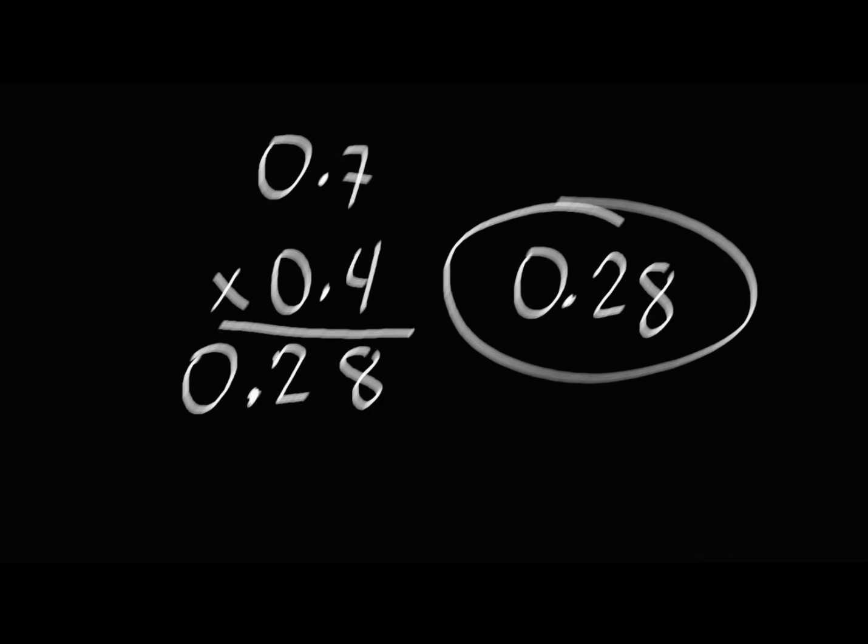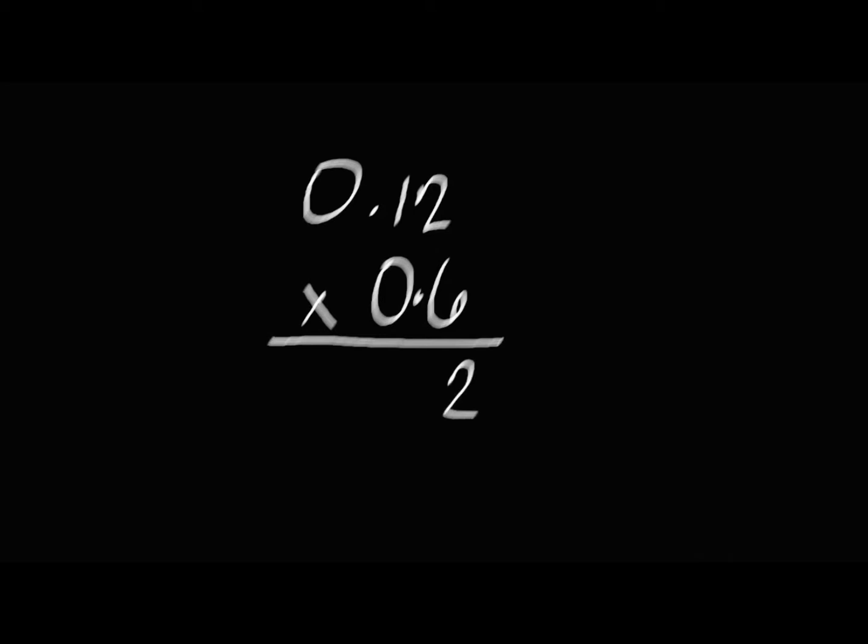Let's work with another example. 12 hundredths times 6 tenths. We multiply as whole numbers. 6 times 2 equals 12. We write 2 here, then regroup 1 to the next place value. 6 times 1 equals 6, plus 1, that is 7. That's it. Count how many digits you can see after each decimal point. We have 1, 2, and 3.